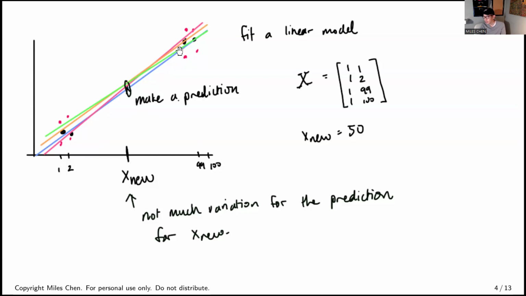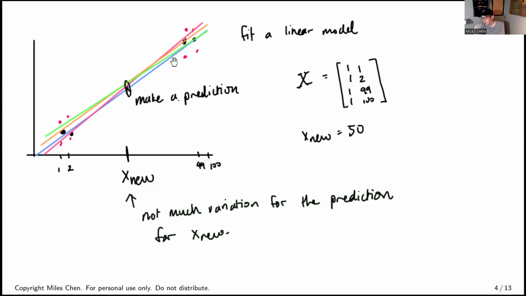If we assume a constant variance in y, this is what the picture might look like. Again, I observe some values. I get a random sample, and I fit a line. I make a linear regression model. Maybe I get this blue line right here.